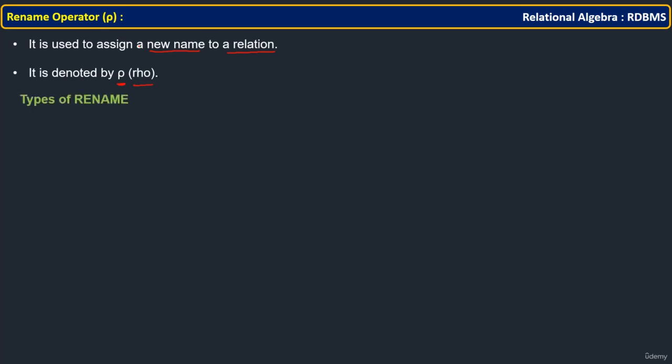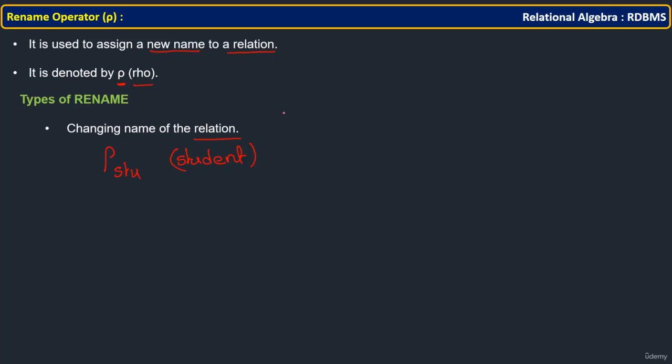First, we can change the name of the relation. That means for a table, you can change the name. For example, if you have a student relation, and now we want to change this to another name, the operator is rho, and here I am going to mention the new name.